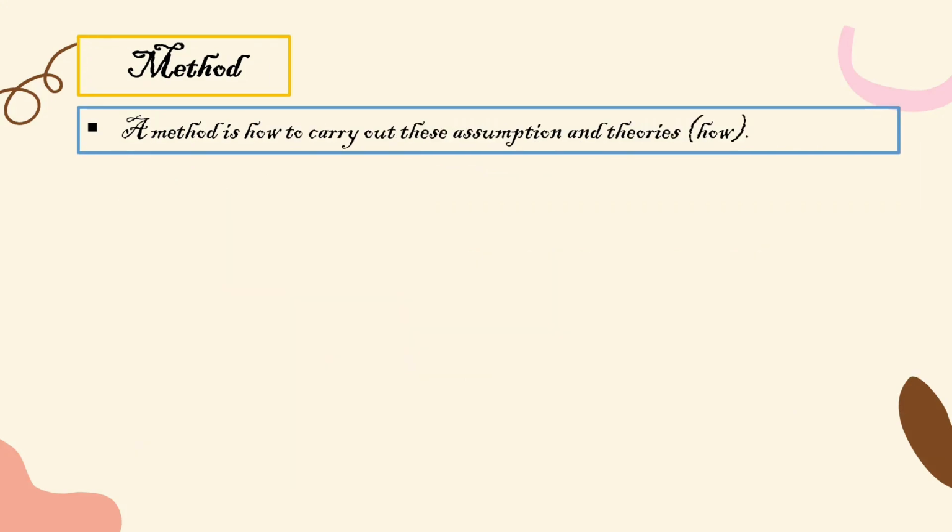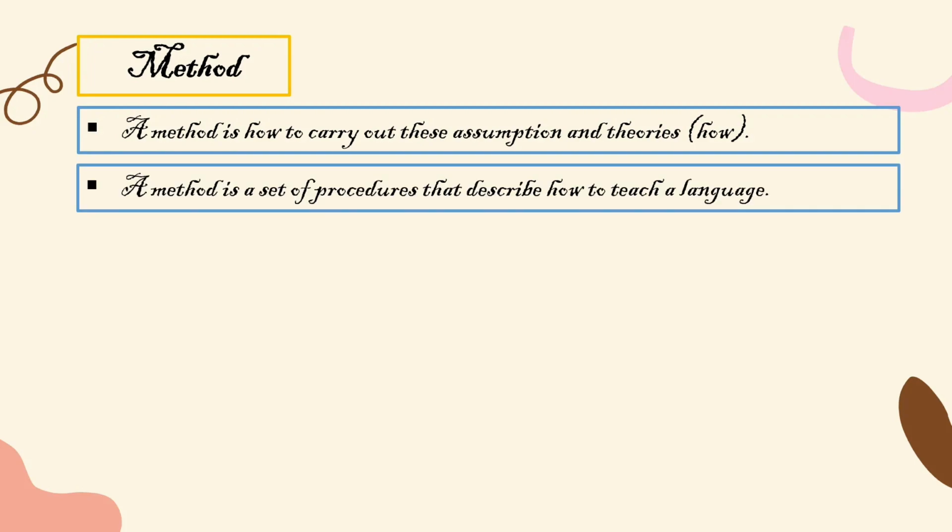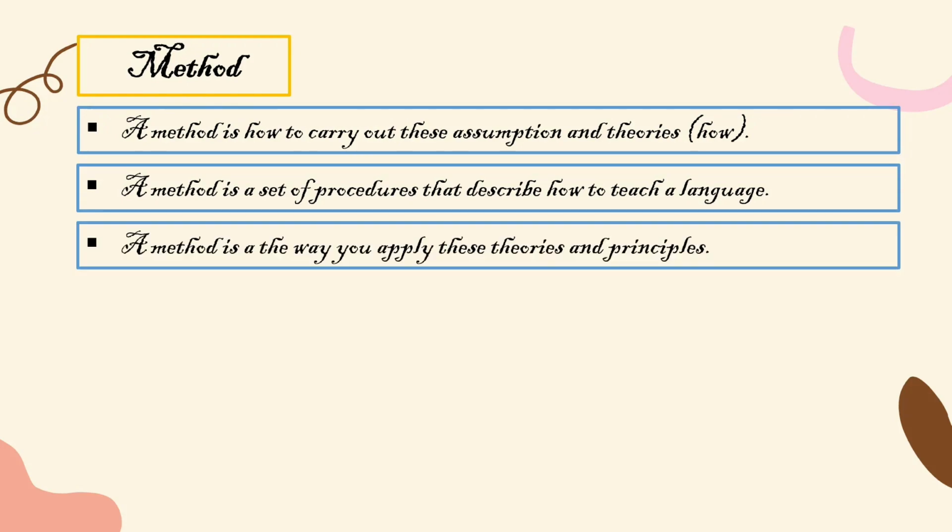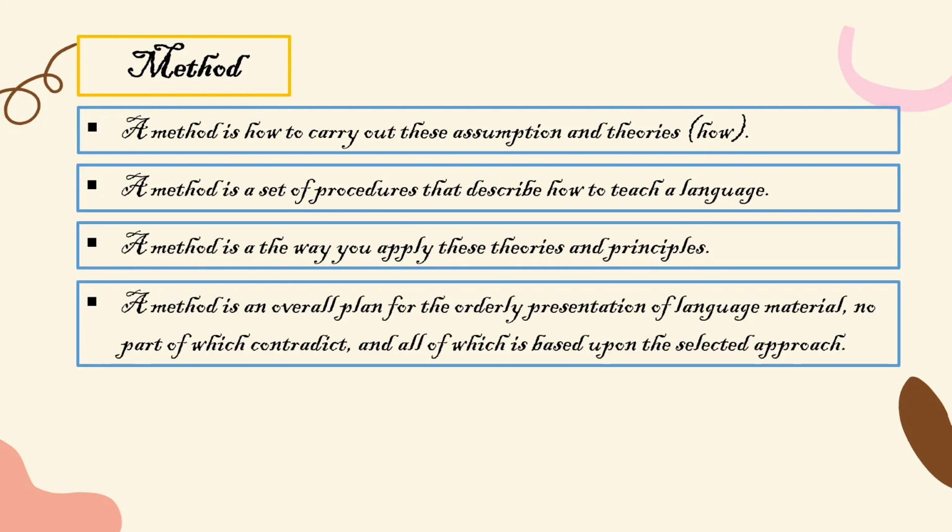Method is how to carry out these assumptions and theories. A method is a set of procedures that describe how to teach a language. It's the way you apply these theories and principles. A method is an overall plan for the orderly presentation of language material, no part of which contradicts and all of which is based upon the selected approach.